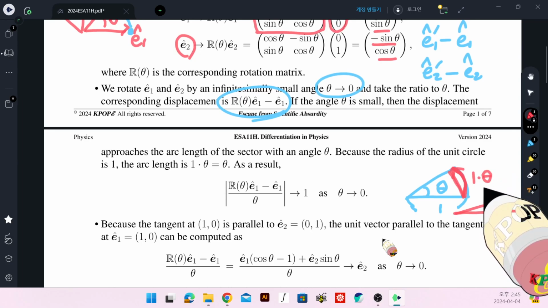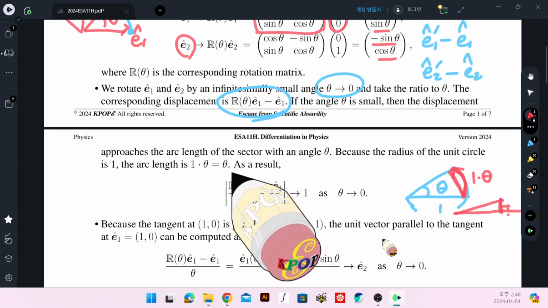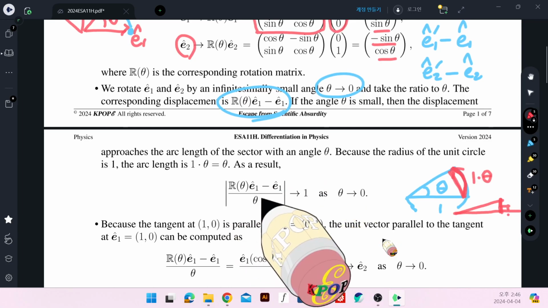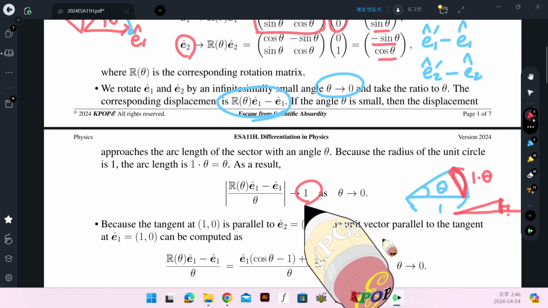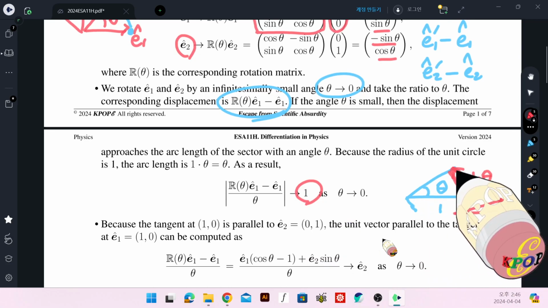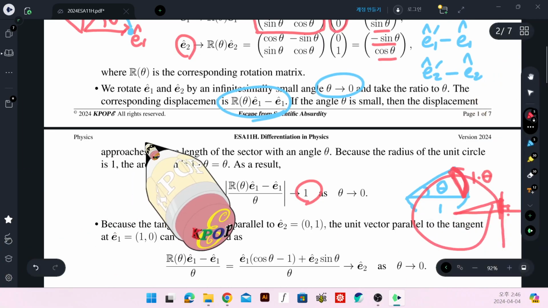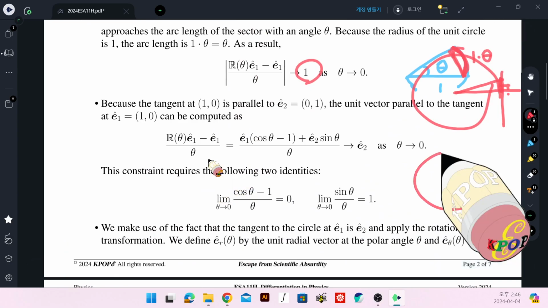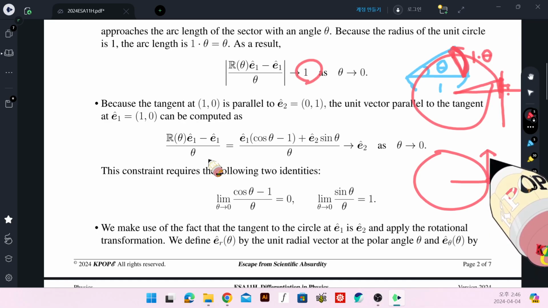This arc length is always theta, and in the limit as theta goes to 0, the ratio of the magnitude of displacement divided by the angle theta approaches 1, because this becomes a tangent to this circle. And we know the tangent to this circle at coordinate (1, 0) is in this direction.